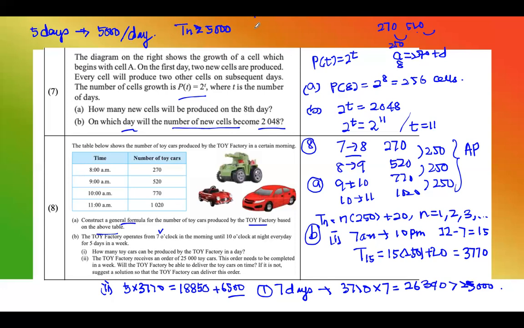So we put in the formula 250n plus 20 more than 5,000, so 250n is more than 4980. So what is n then? 5,000 minus 20 divided by 250. So you get 19.92, right? So let me erase this.